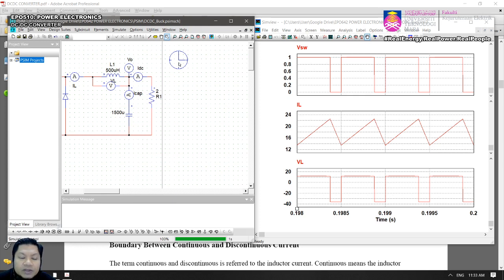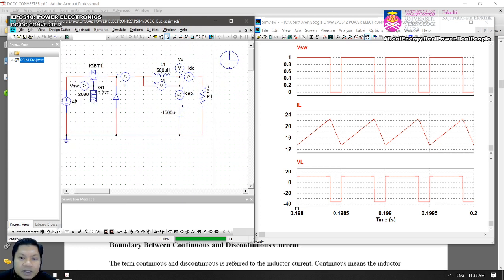And now look into the simulation parameters. Remember, you have 2 kilohertz.